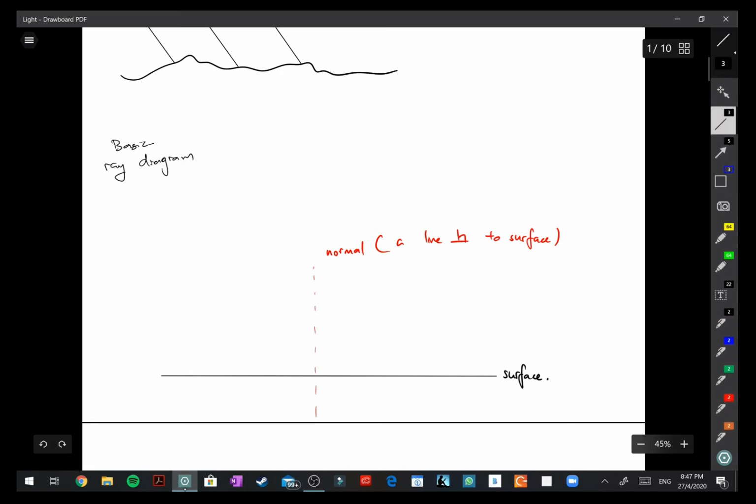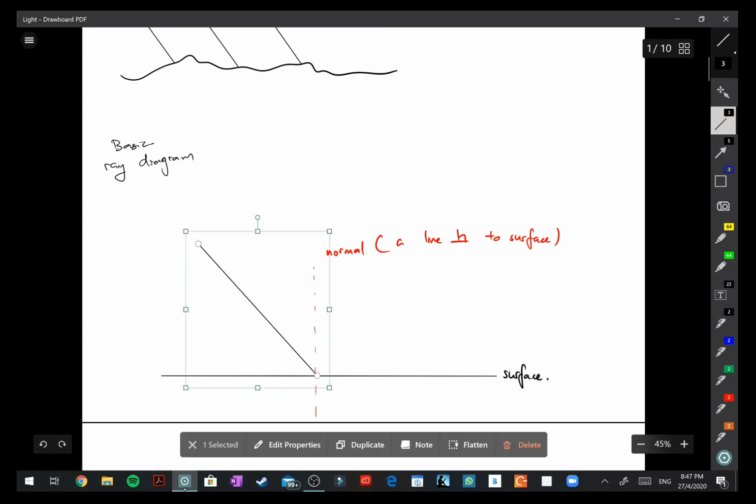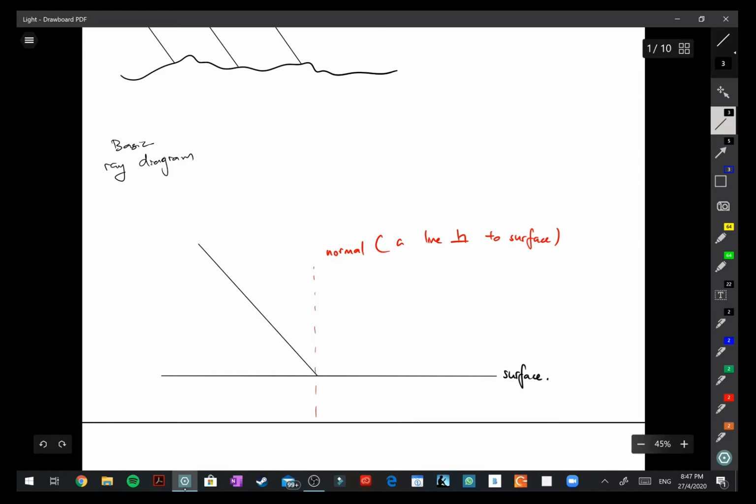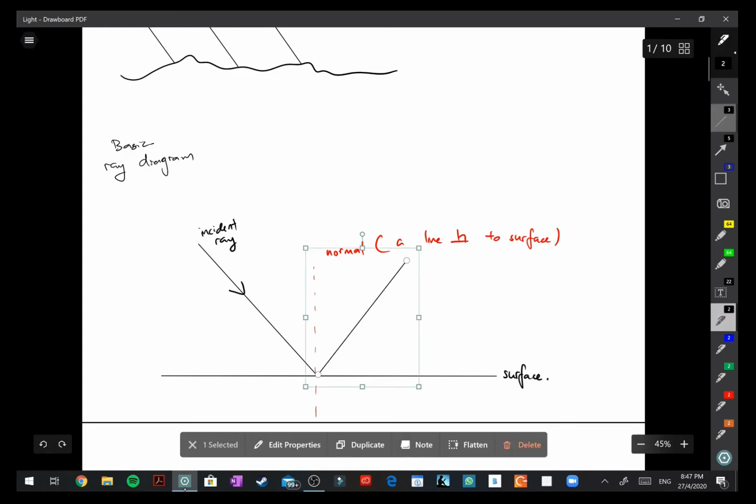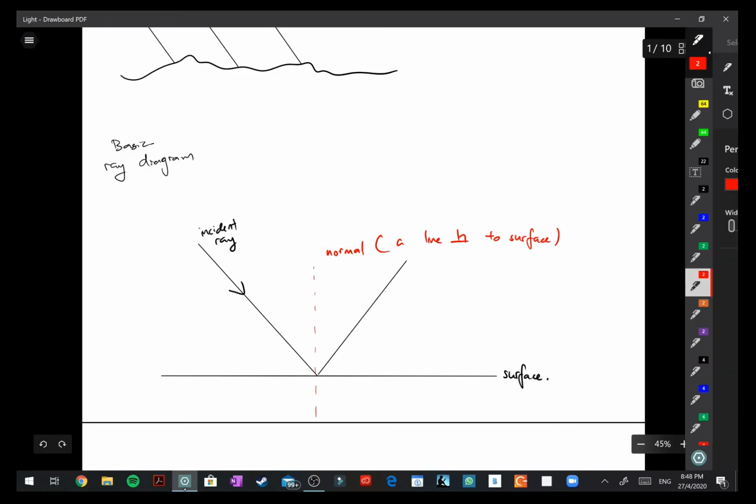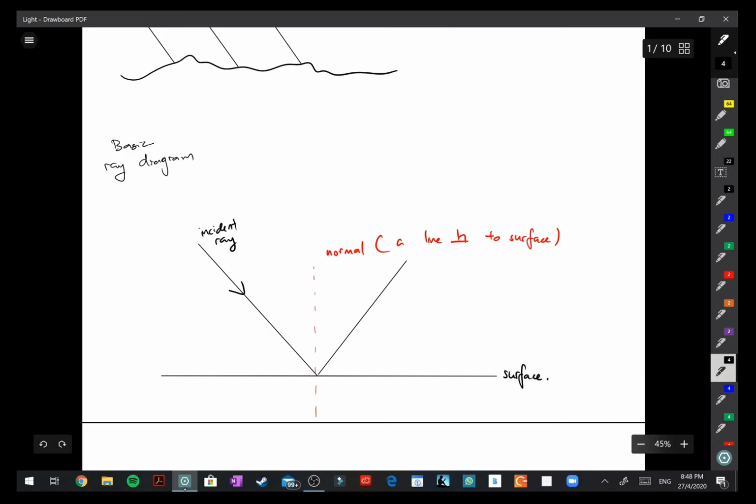Next up we have the incident ray. So this is the incident ray, and we actually have the reflected ray somewhere around here, right? Of course it goes further, but I just don't want to confuse you all, so there's no intersection, but it can go further.